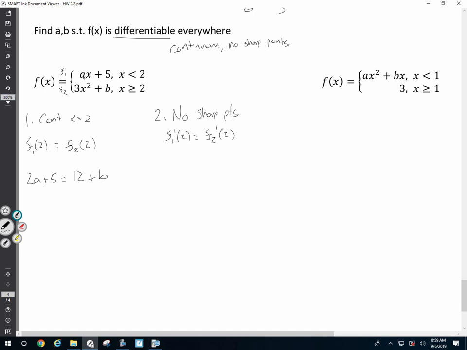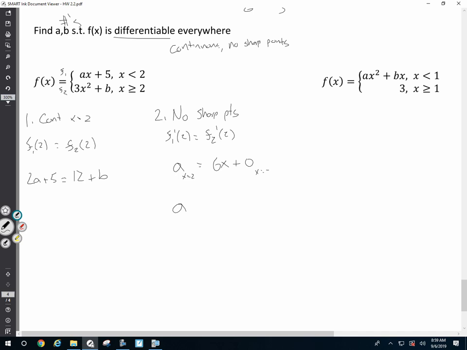Now, a is just a number, so the derivative of ax is just a. At 2, still just a. But for the second piece, the tangent slope generator for 3x squared plus b is 6x plus the derivative of b, b being a number, is just 0.